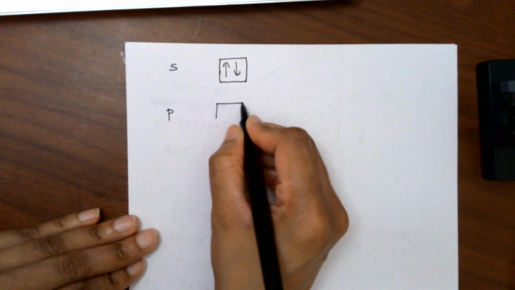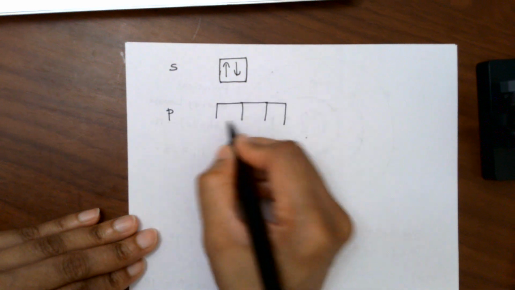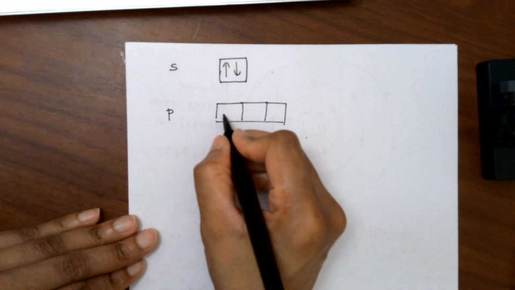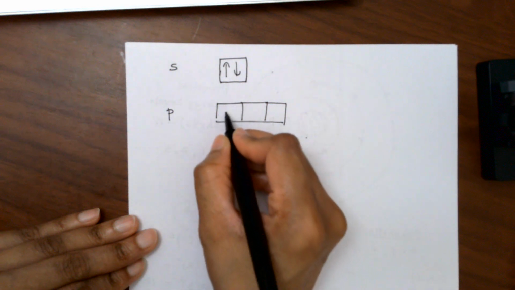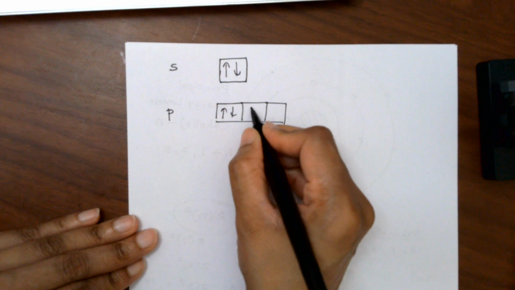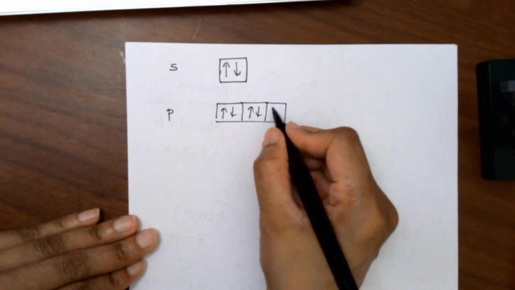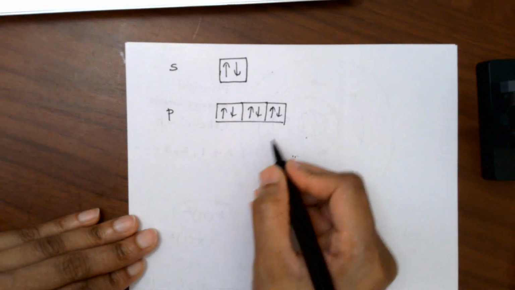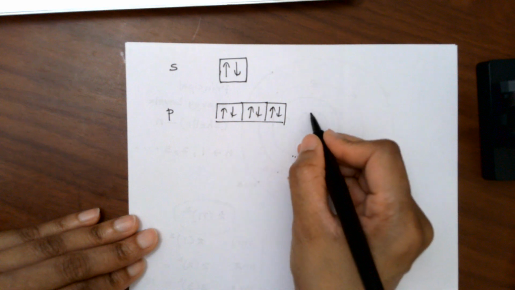And p orbitals. P orbitals always exist as a set of 3 boxes, each one an orbital. There are 2 electrons in one orbital, 2 in another, and 2 in the third, total 6.